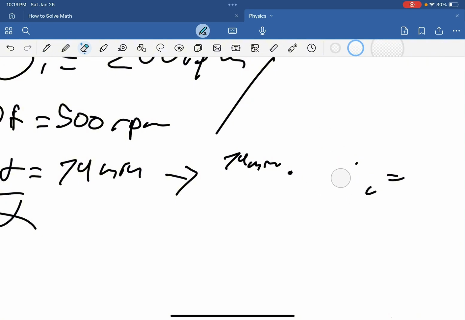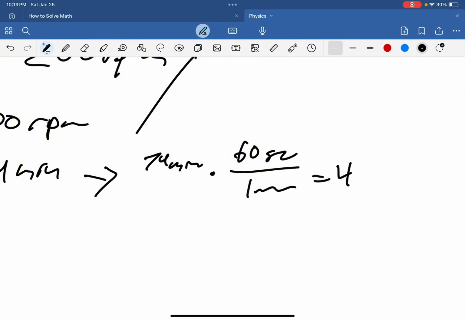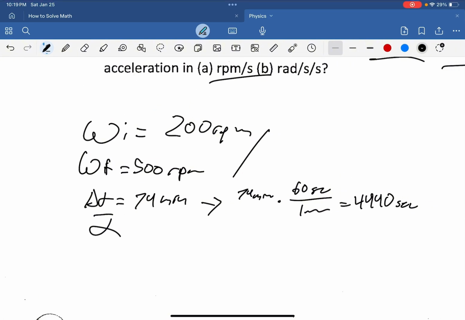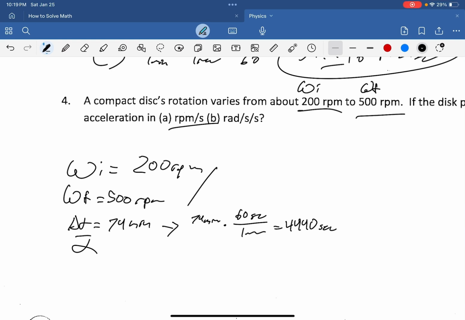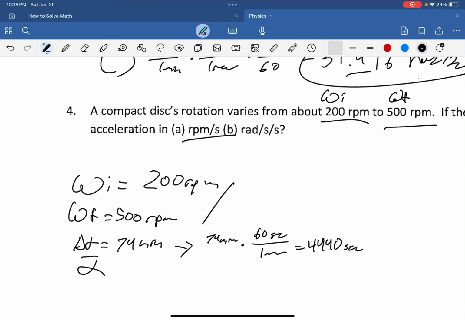I reversed it. It's actually supposed to be times 60 seconds divided by 1 minute. 4,440 seconds.